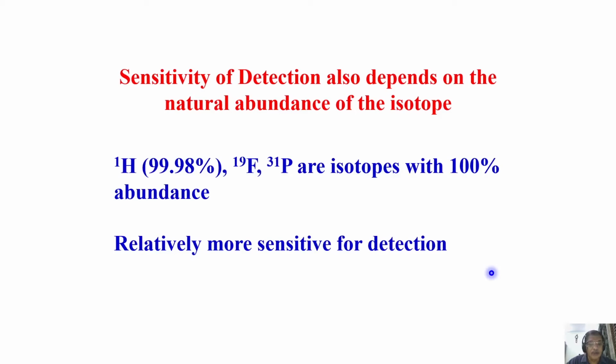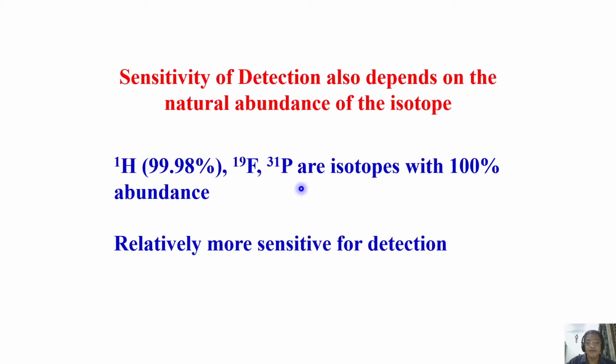less sensitive. But another important factor which you must consider is that the sensitivity of detection also depends on the natural abundance of the isotope. Remember, it also depends upon the natural abundance of the isotope. We all know some of these nuclei, like proton, are 99.98% abundant.